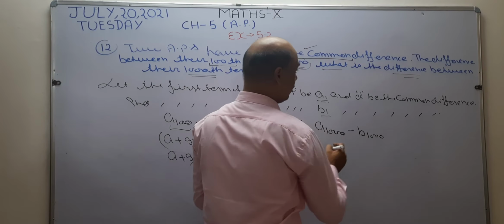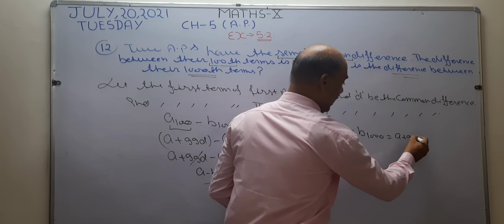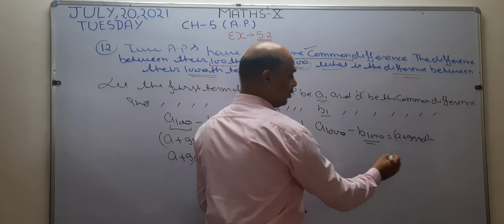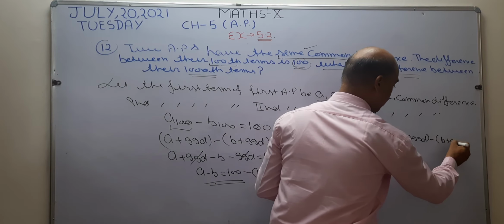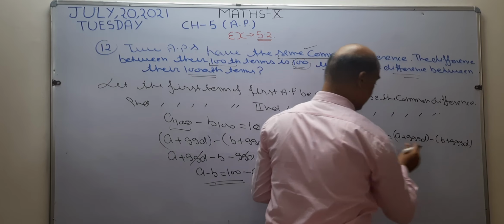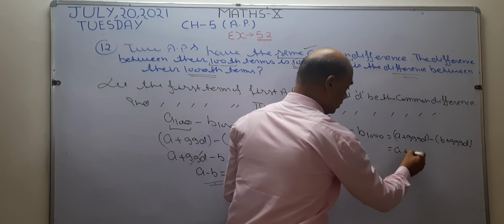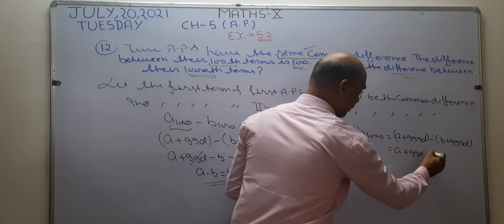I write A1000 as A plus 999D, then a minus sign, and B1000 as B plus 999D, using the formula for the 1000th term of an AP. So A plus 999D minus the bracket B plus 999D.